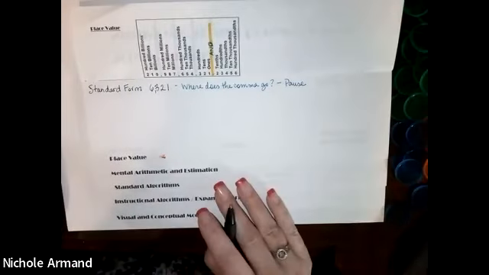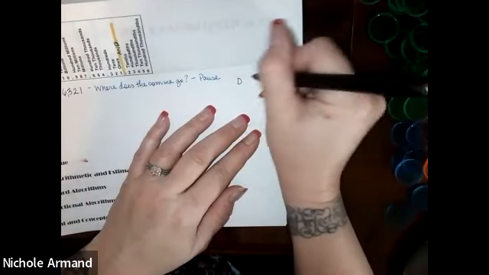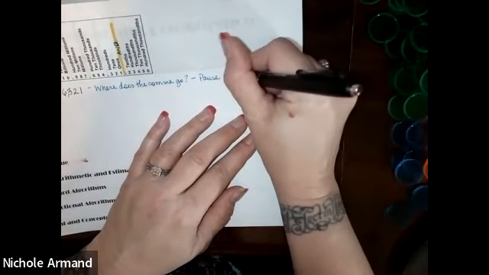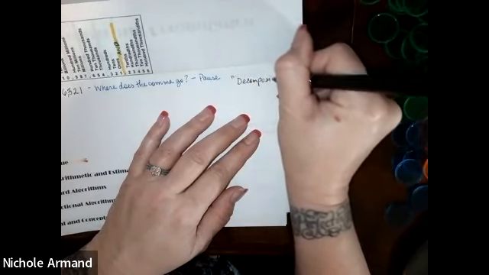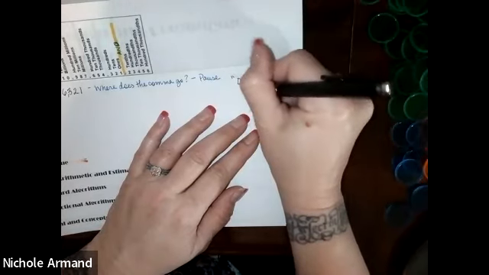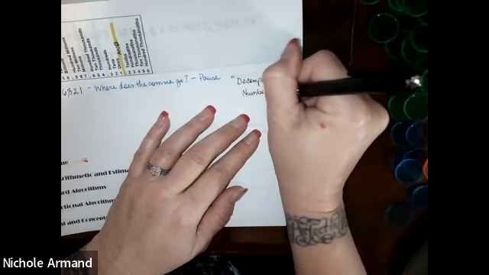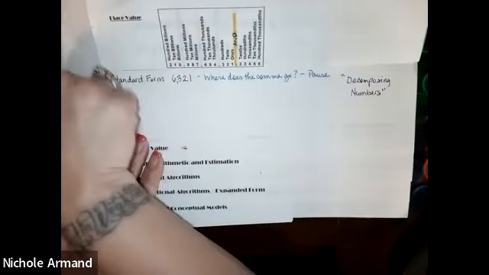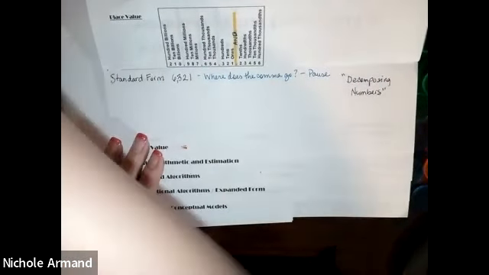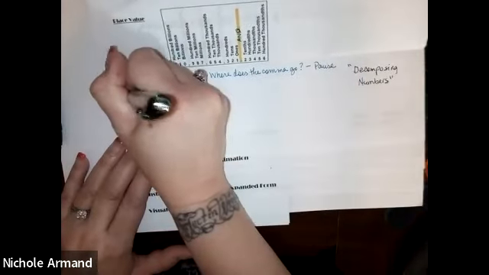We are going to break down this number into its parts. Decomposing numbers. I'm going to break this number down into its parts, and at first we are going to do expanded form like this.